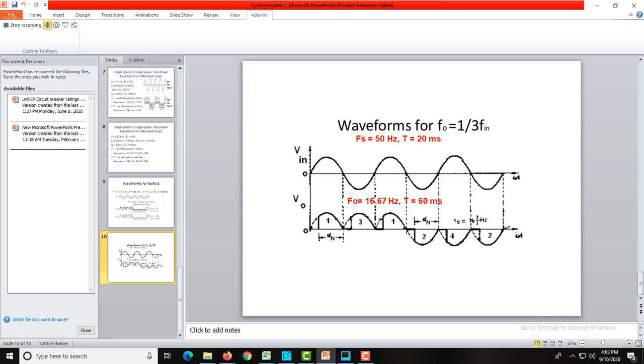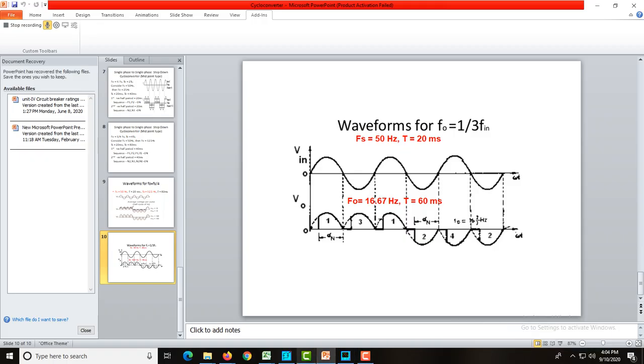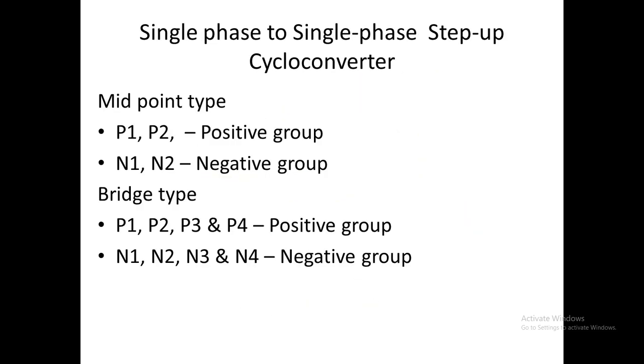So for this case, for the frequency of 16.67 Hz, 30 milliseconds will be positive. So here 0 to 30 milliseconds will be positive, then 30 to 60 milliseconds will be negative.